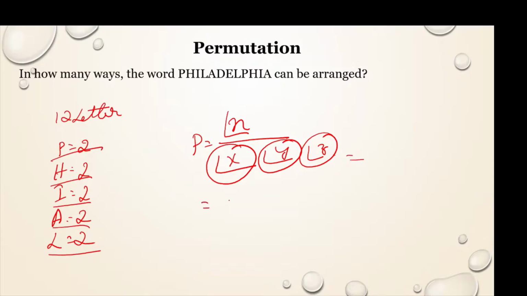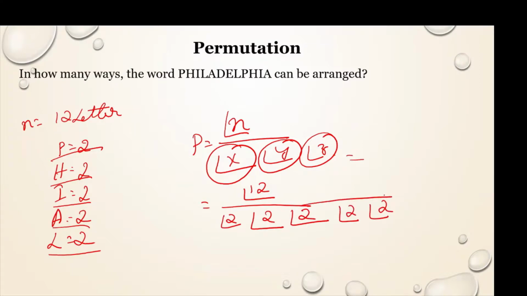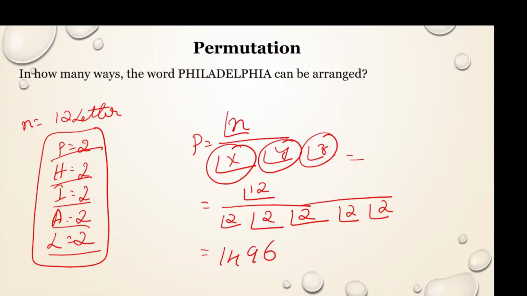In this case, we have 12 letters, so n is 12. This is the total number of letters divided by P repeating twice, factorial 2, H repeating twice, factorial 2, I repeating twice, factorial 2. Like this, there are 5 factorial 2 because there are 5 letters which are repeated twice. Now if you calculate this, you will get 14968800. So in these many ways you can arrange Philadelphia.